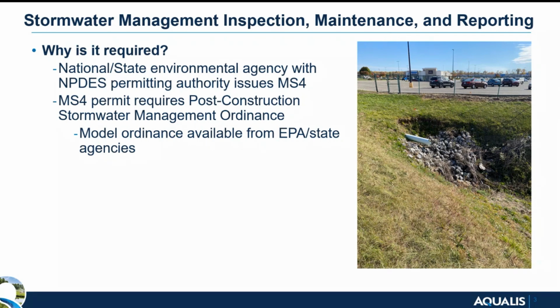These ordinances are available in model forms, both from state agencies and from national agencies like EPA. As a municipality, you can look there to get a guideline for how to develop your ordinance, and also to see what some of the minimum requirements are from those agencies.